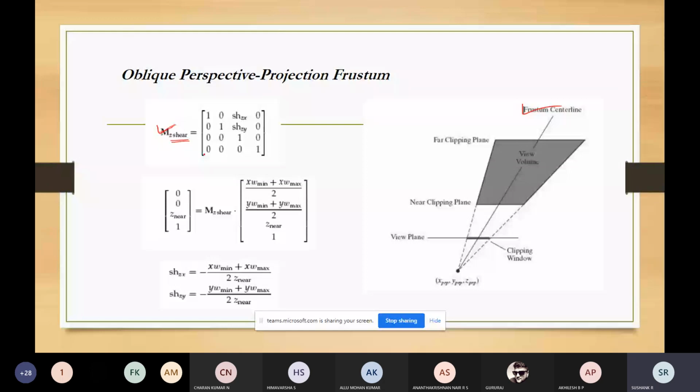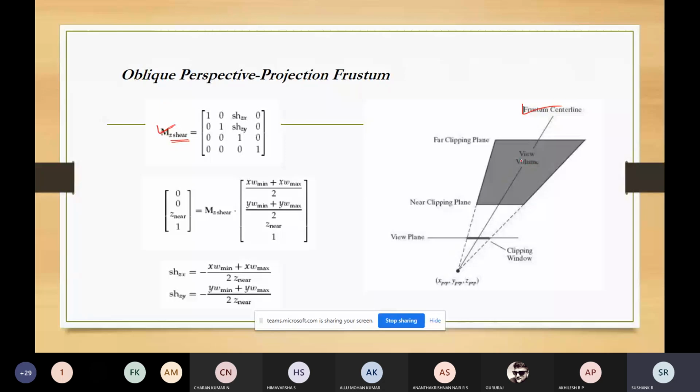We also need to shift it by an amount which will move this center line to the position given by the x projection point and y projection point on the view plane.